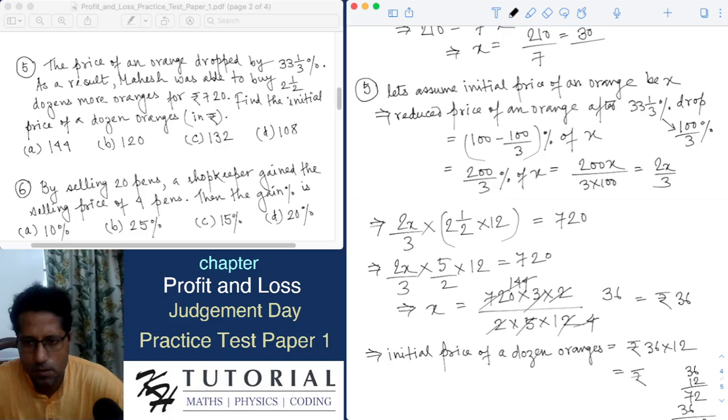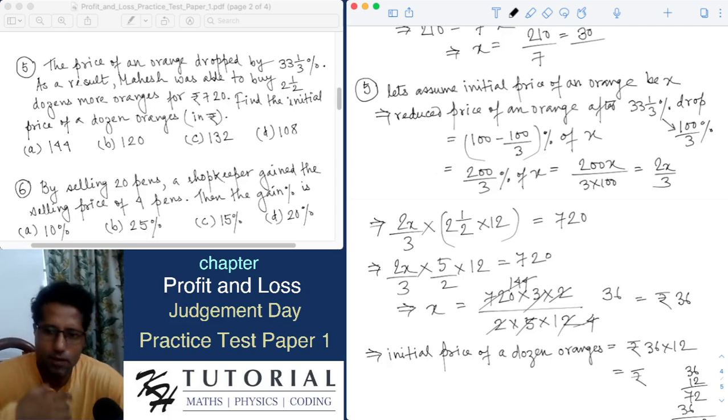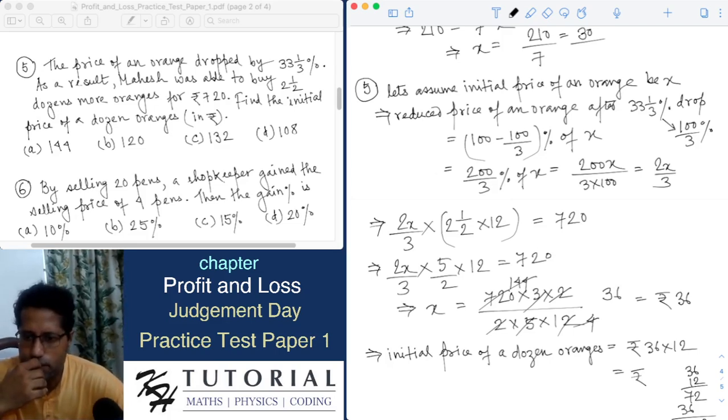And 3, 2 cancels out, 3 divides 12 with 4, 5 divides 720 with 144, and then 4 divides 144 with 36.